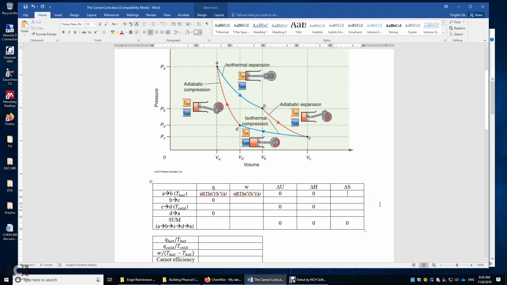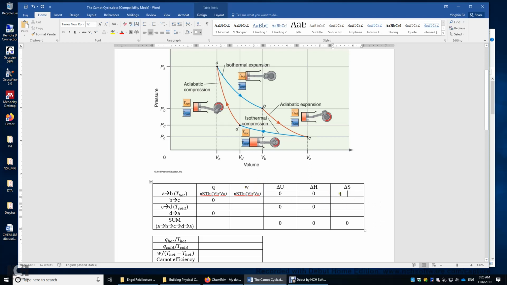Again, it's an isothermal process. Temperature remains unchanged. So the entropy change only depends on the volume change. And what we need to do is integrate the exact differential of entropy, dS. And by definition, dS equals dq reversible over T. And dq reversible equals negative dw reversible. And negative dw reversible is simply P dV.